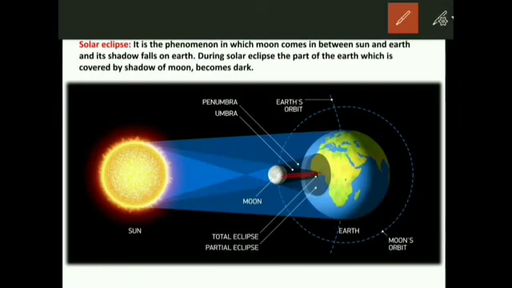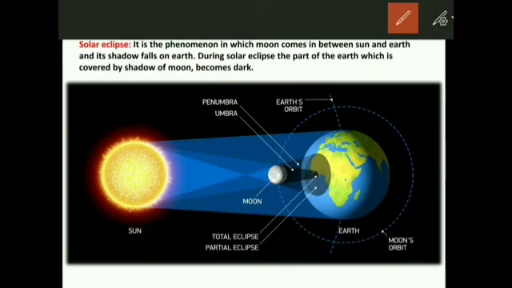The region where there is penumbra will be a little dark, partially dark. So there are two parts during a solar eclipse, the completely dark region and the partially dark region.